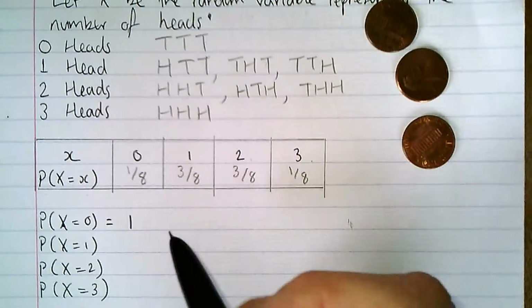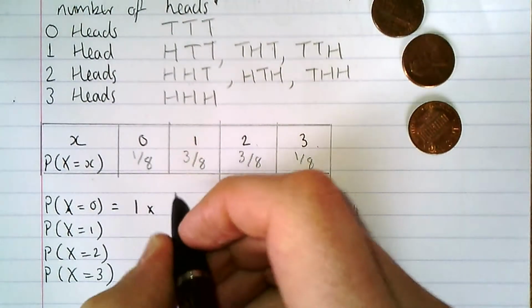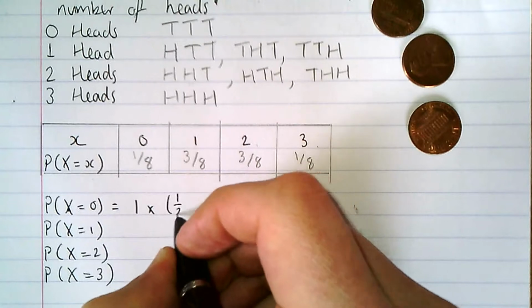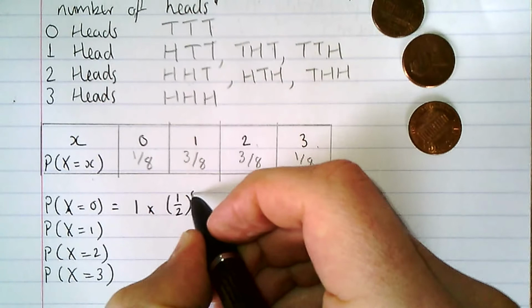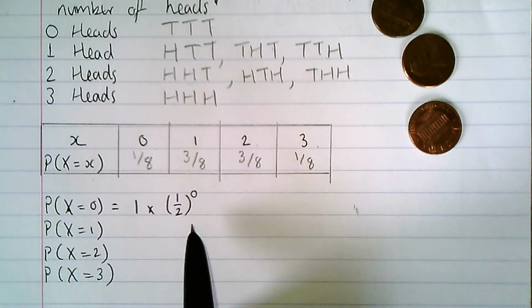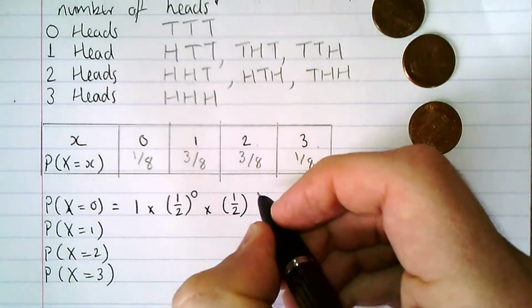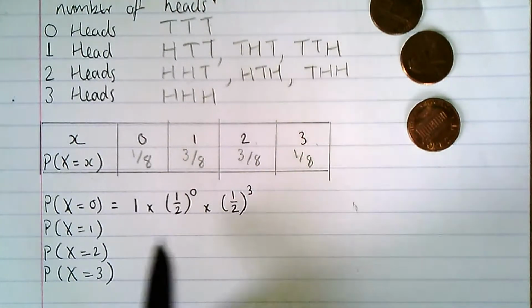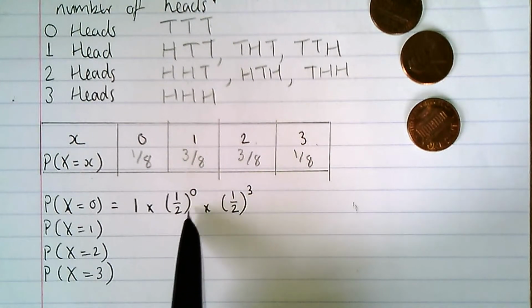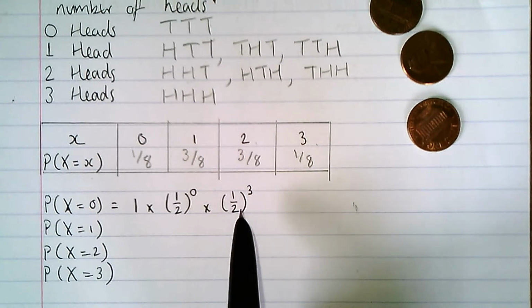I've got 1 multiplied by the probability of a half, because that is the probability of getting a head, to the power of 0, because I don't want any heads, multiplied by a half to the power of 3, because this is the probability of getting a tail, and I want 3 tails. So there's one way of getting no heads, and then 3 tails: probability of a tail times probability of a tail times probability of a tail.